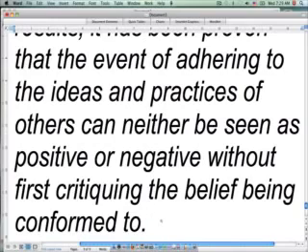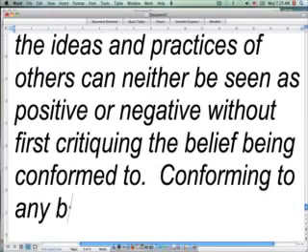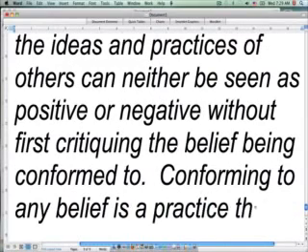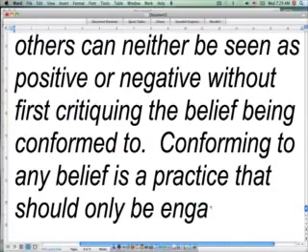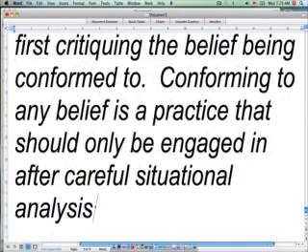So perhaps a recommendation could be: conforming to any belief is a practice that should only be engaged in after careful situational analysis.